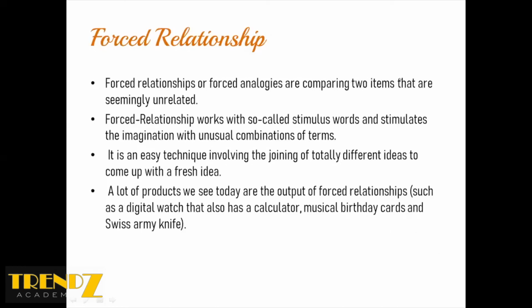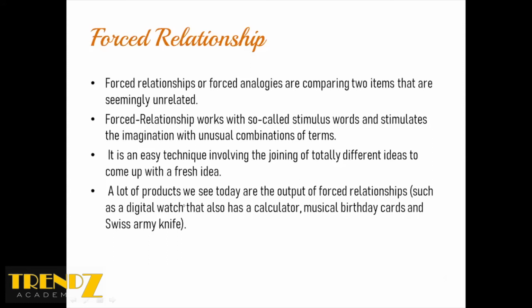Forced relationships or forced analogies are comparing two items that are seemingly unrelated. Forced relationships work with so-called stimulus words and stimulate the imagination with unusual combinations of terms. It is an easy technique involving the joining of totally different ideas to come up with a fresh idea.